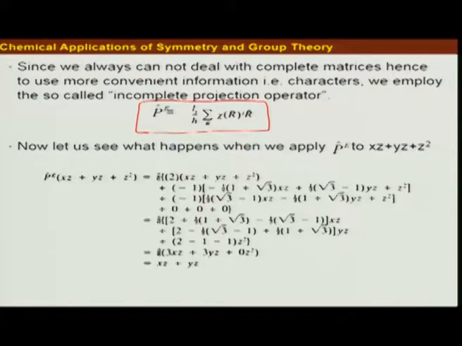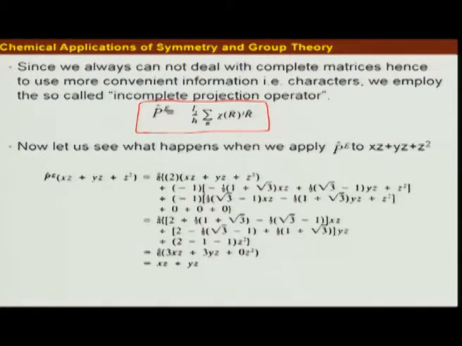So for identity you have the character 2, right, for the C3v point group and the E representation. So E, and then you operate identity on this function and you get back the same thing, and when you operate C3 you get the same result as we have seen in the previous example of the complete projection operator, because the effect of R is not going to change, and then you multiply by the character of C3, which is -1, correct, because you will see that C3 and C3 squared are clubbed under the same class, so both of them have the same character.